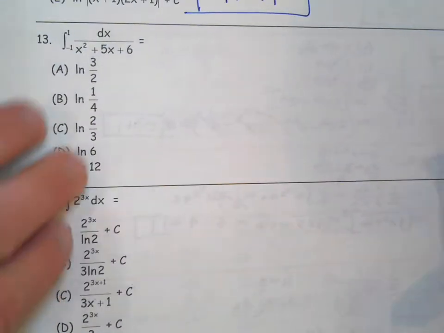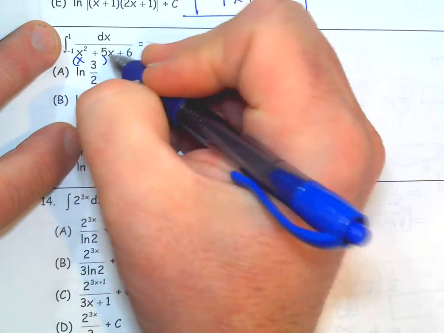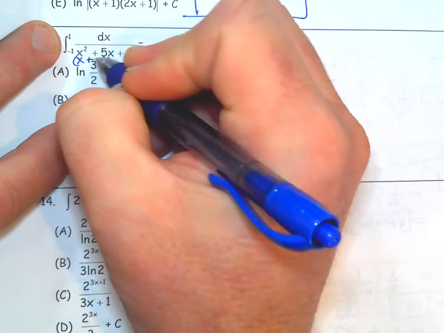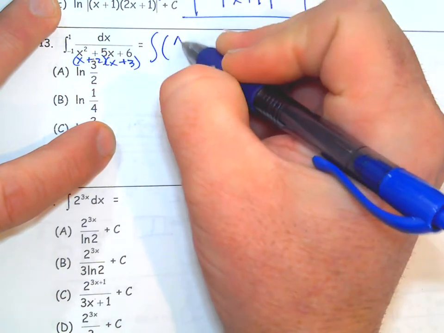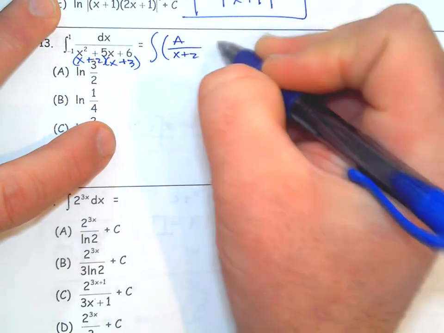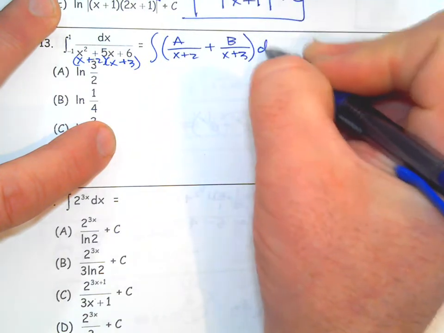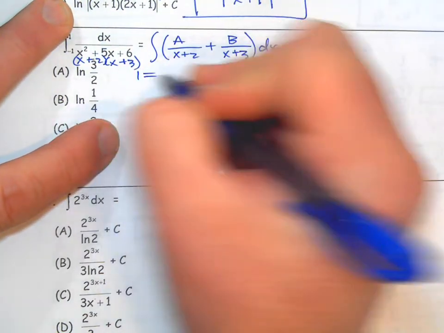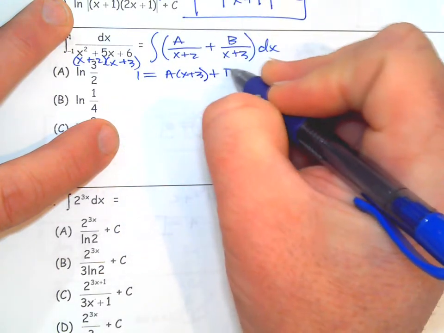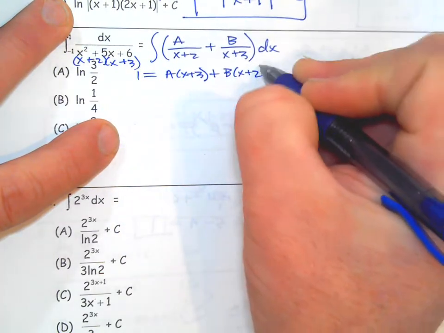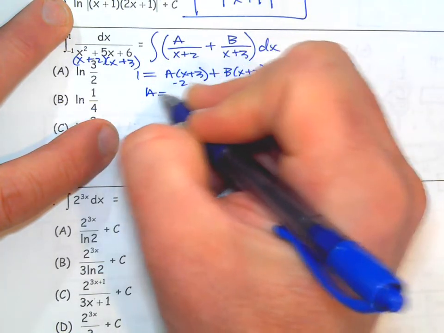Okay, number 13, probably partial fractions, right? x plus 2, x plus 3. So we're going to do that first. A over x plus 2, B over x plus 3 dx. Multiply through by the least common denominator. Plug in negative 2, A equals 1.